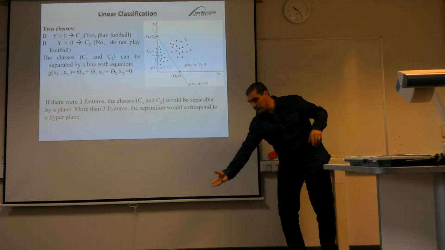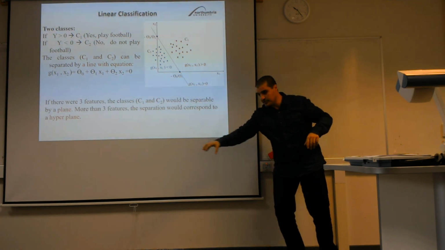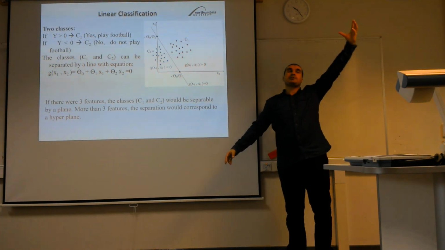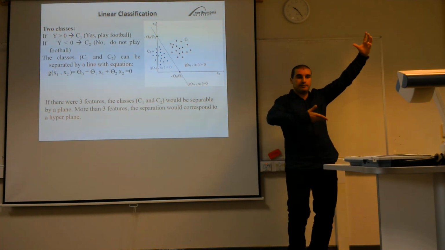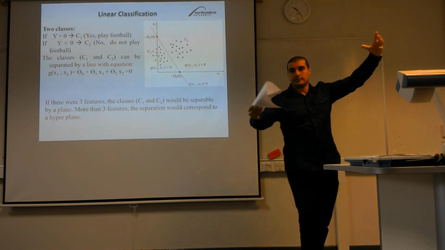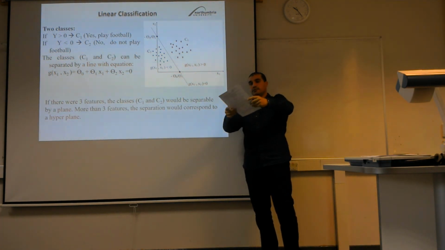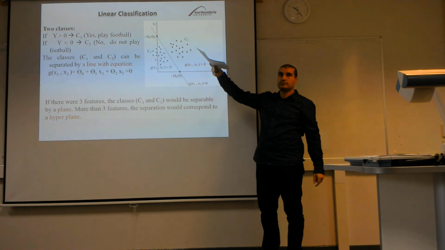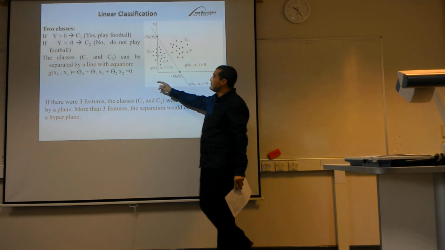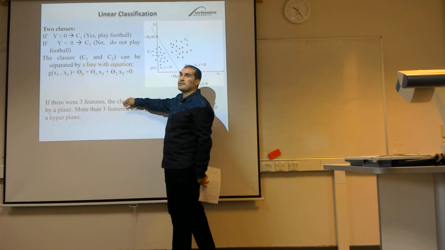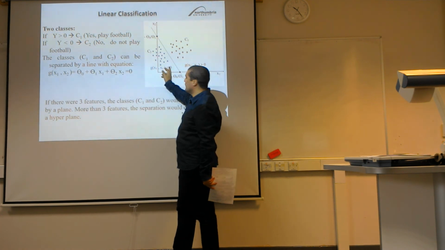We can have some samples located in the space here, and the blue samples up. We can have a separating line, but this separating line is not a straight line.